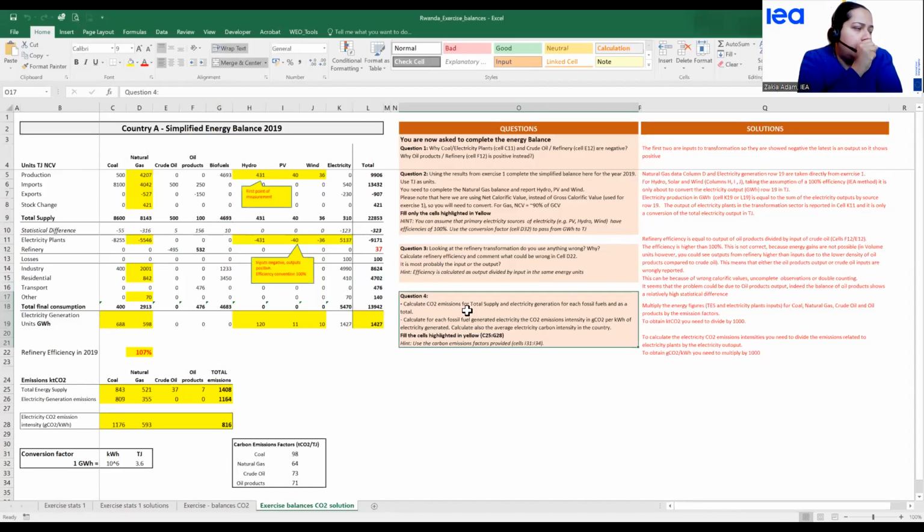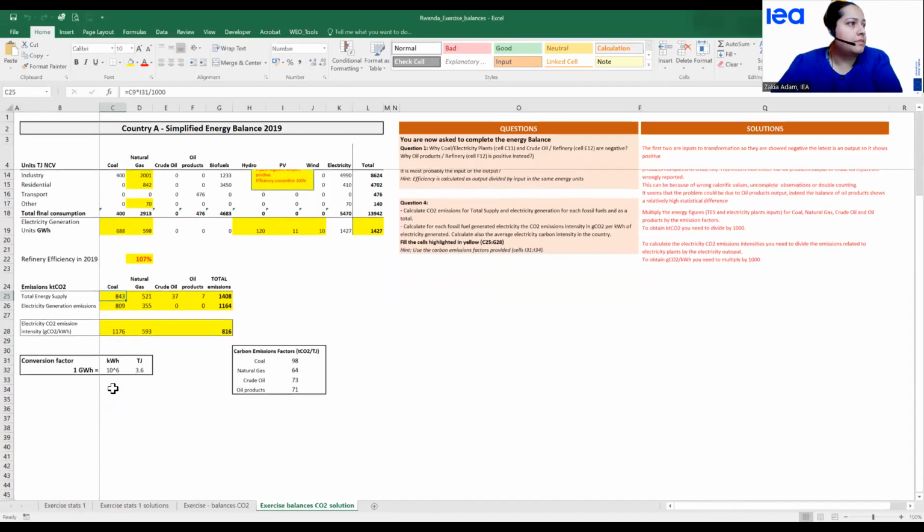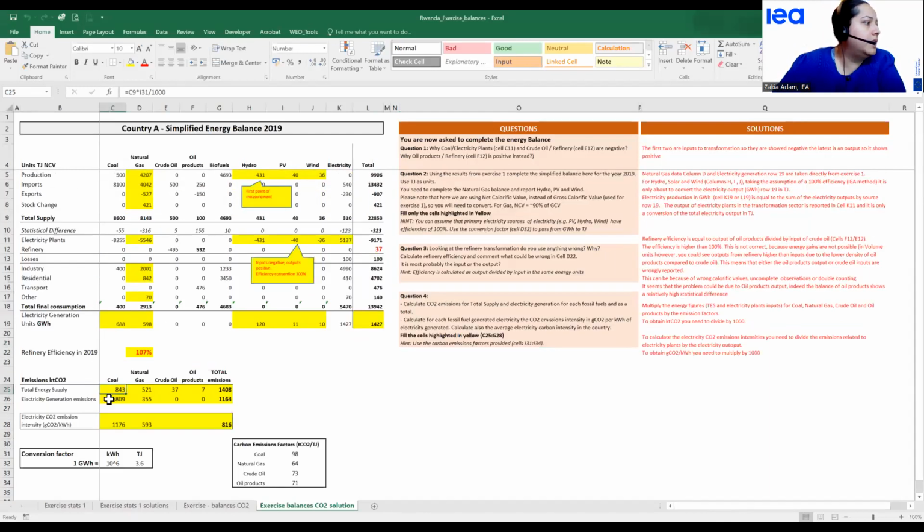Question 4. Calculate the CO2 emissions for total supply and electricity generation for each fossil fuel and as a total. So here, what do we do for coal? For coal, how do we calculate the CO2 emissions?